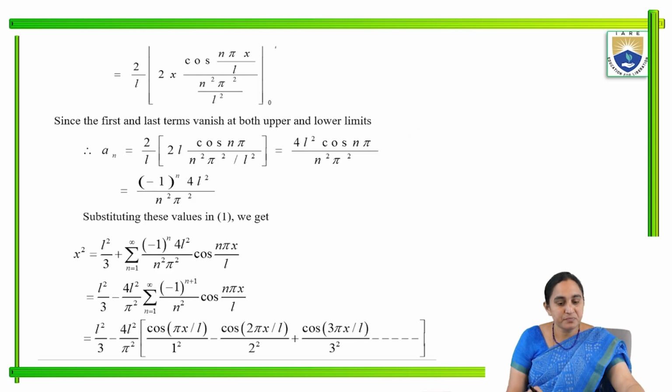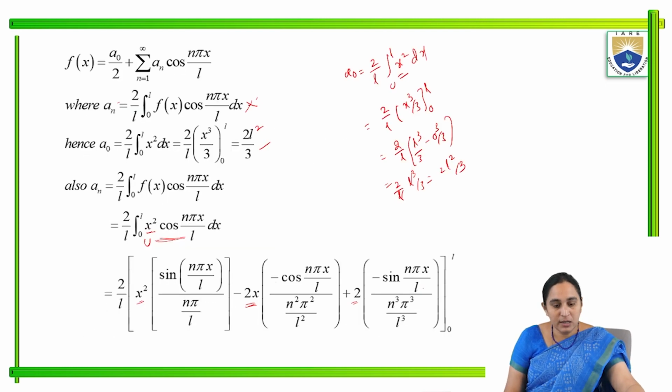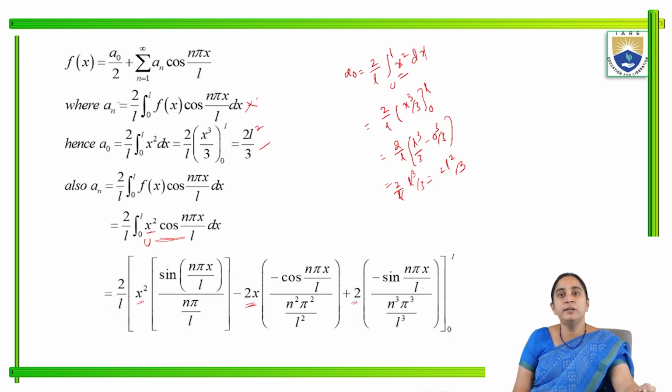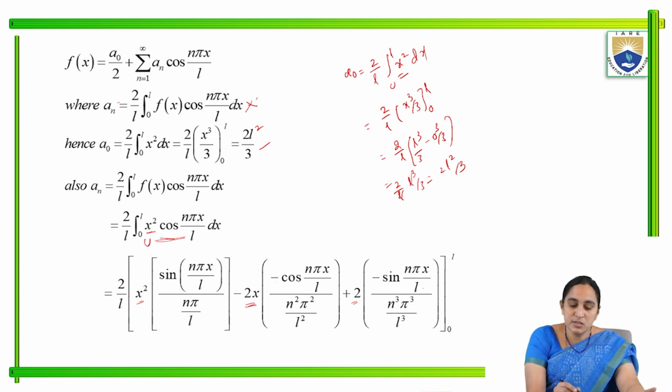Then 2 by L into, already we discussed, if the sine term is within the limit 0 comma pi or 0 comma L, then directly the sine terms are zero. Observe, if you substitute x as L, L L cancel, sin n pi value 0.